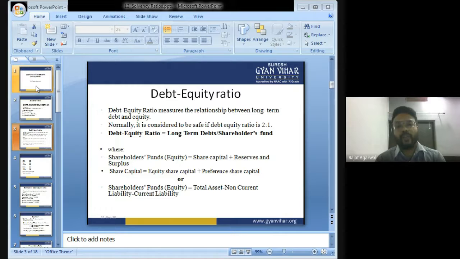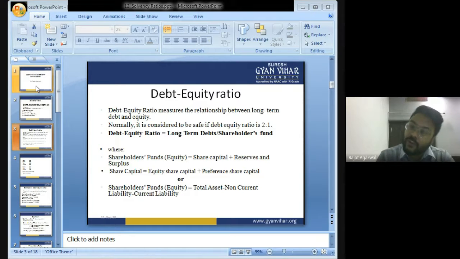So debt equity ratio is equal to long-term debts divided by shareholder fund. Long-term debts are your long-term bank loan, debentures, etc. In shareholder fund, there are two parts. One is share capital and one is reserve and surplus. Share capital includes both types, equity share capital and preference share capital.